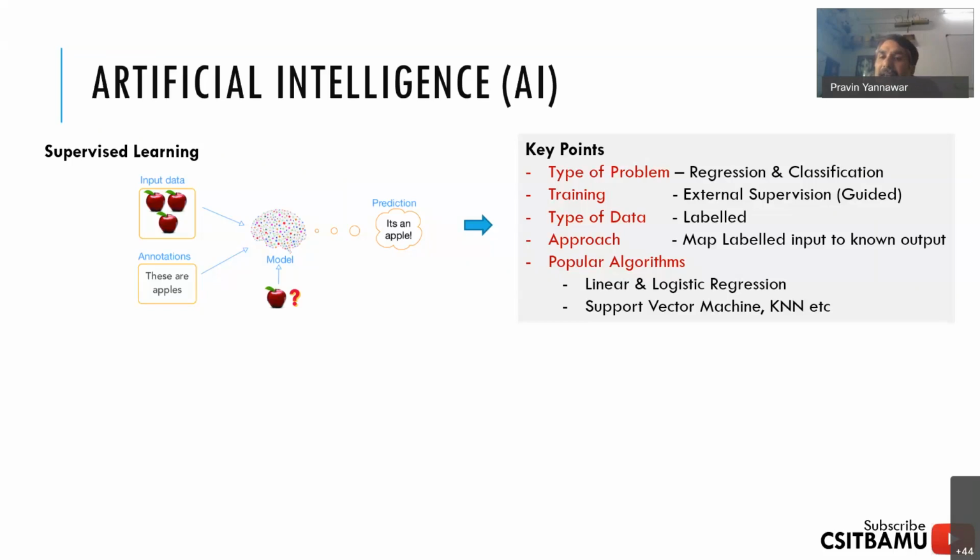What kind of training am I going to provide? That is external supervision, it is guided. If my problem is regression or classification, then what type of data do I have to use? In that case, your data must be labeled.